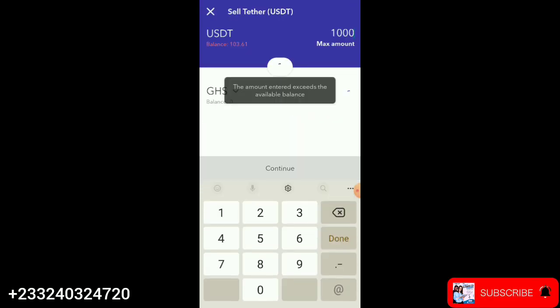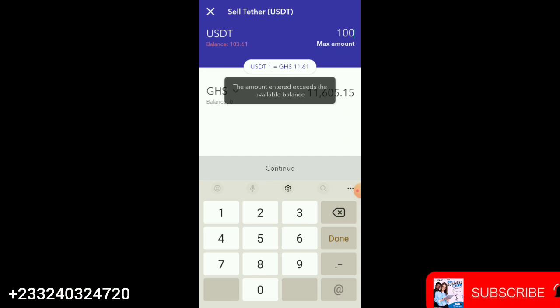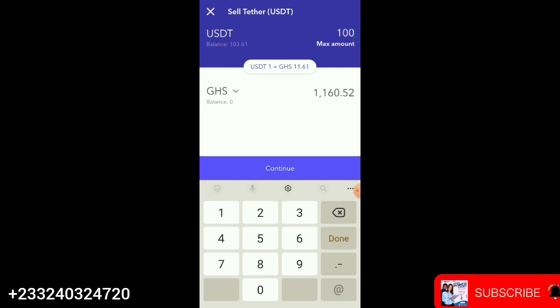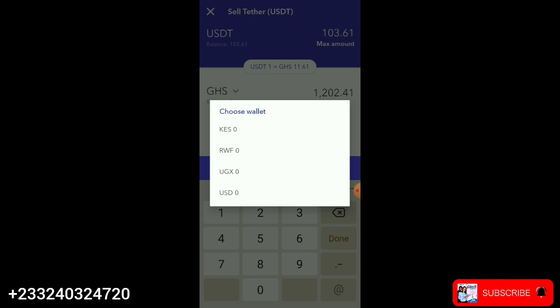sell. Mostly, I will not advise you to sell it through your Ghana cedis. Since the USDT withdrawal method is not working, I will advise you to sell it to your USD bank account, because the USDT and the USD are the same.